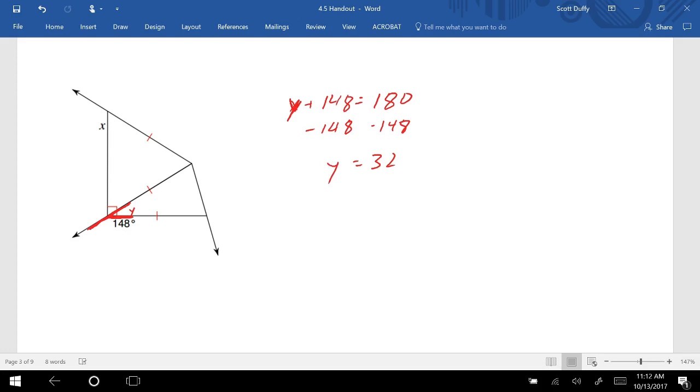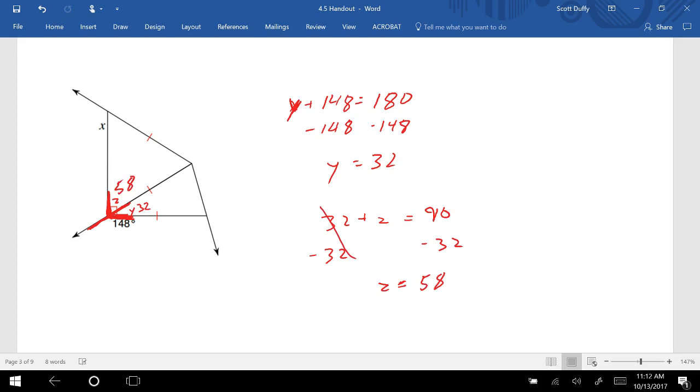So y equals 32. Then what we see is that angle y, and we'll call this angle z, have to add up to be 90 degrees because that's a right angle right here. So I say 32 plus z equals 90. Subtract 32 and you get z equals 58.